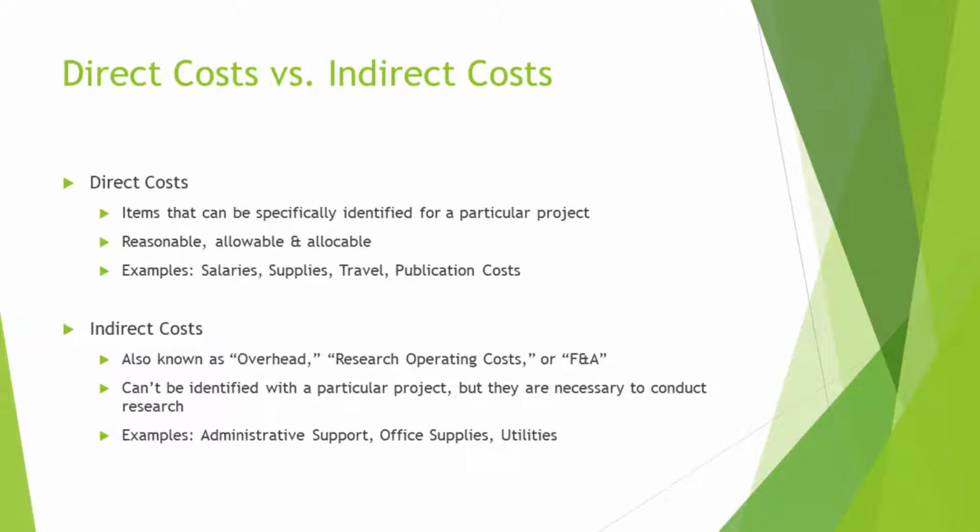And the main point is that those costs need to be reasonable. The costs need to be based on actual costs, like your actual salary, estimates for travel, estimates for supplies that are based on things like invoices, quotes. You don't necessarily need to provide that documentation, but that's where you need to draw your costs from.